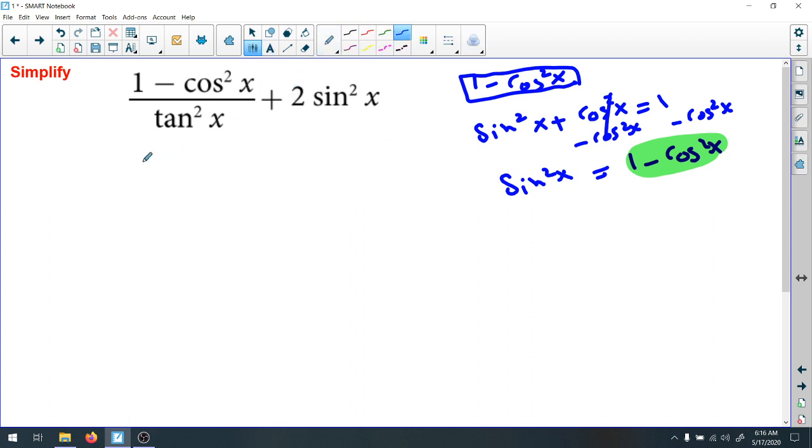So 1 minus cosine square will be sine square of x. Easier. Divided by tangent square. We could convert tangent to be sine over cosine. Trust me, it will work. Tangent square will be sine square over cosine square.